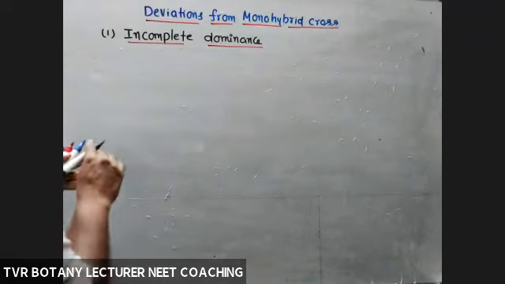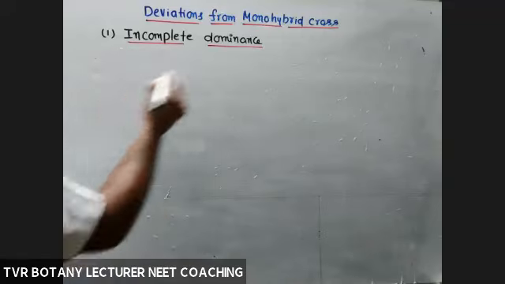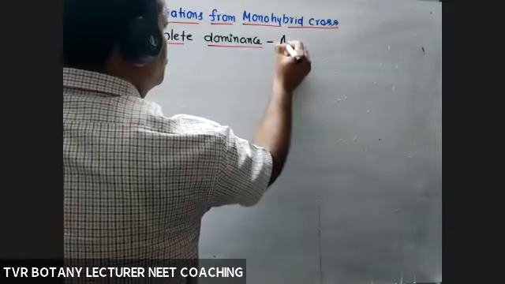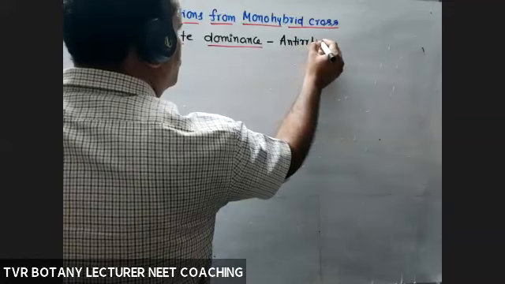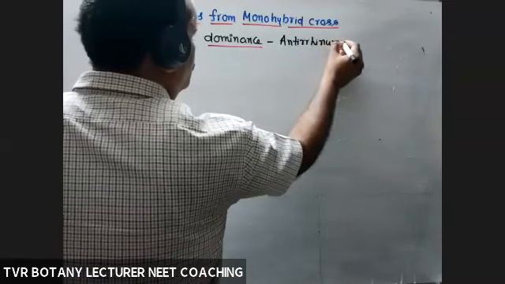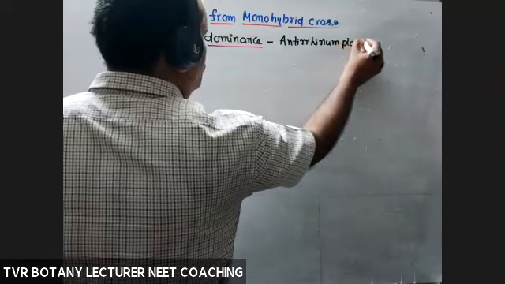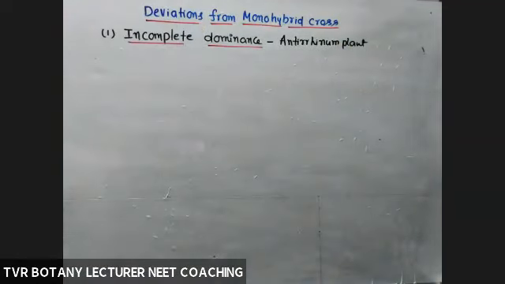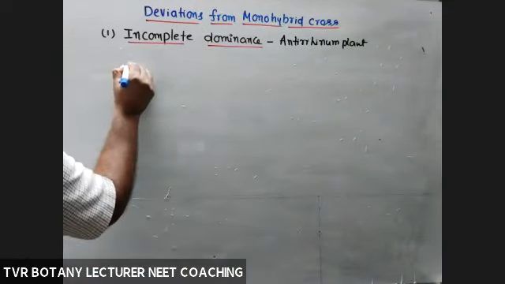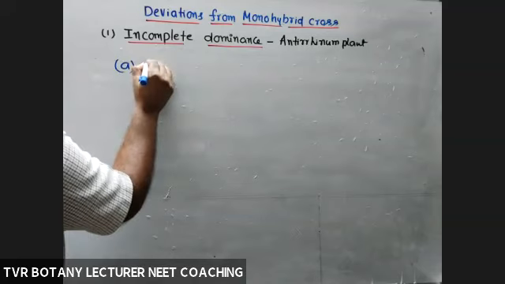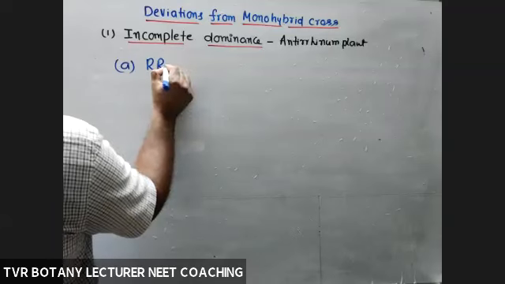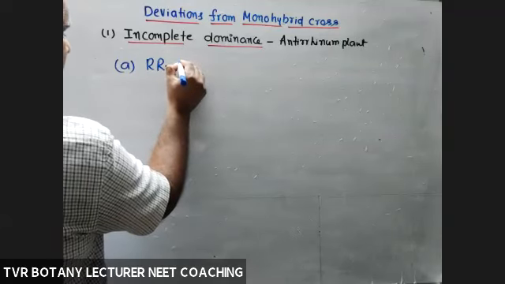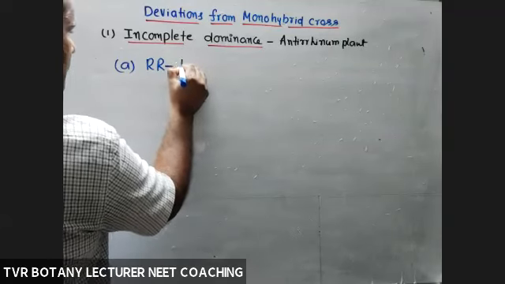So in antirrhinum plant, first one, capital R. Capital R means producing red colored flowers.